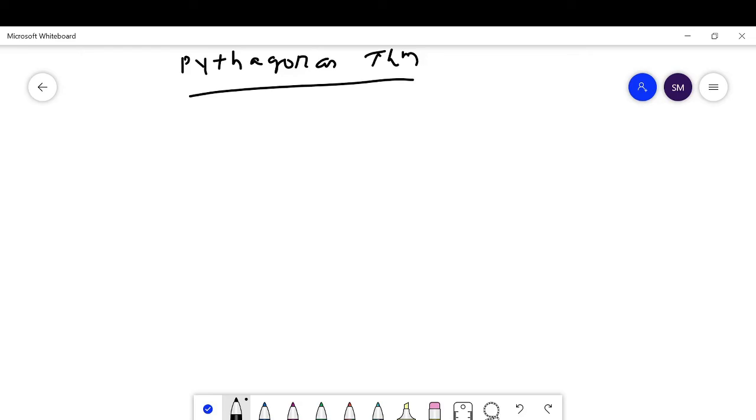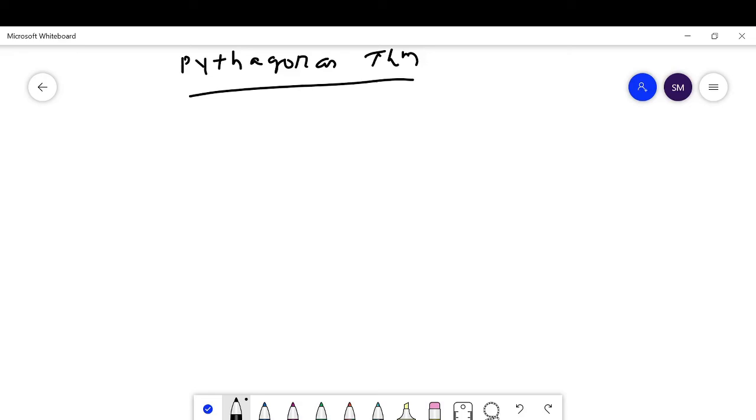First property, the sum of three angles of a triangle is 180 degrees. Second property is the exterior angle property. The exterior angle is equal to the sum of two interior opposite angles.